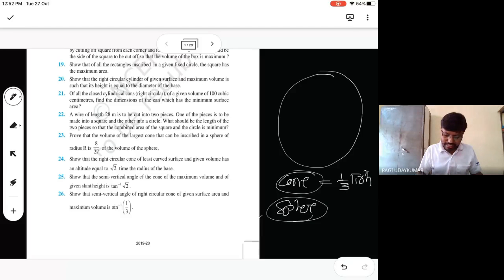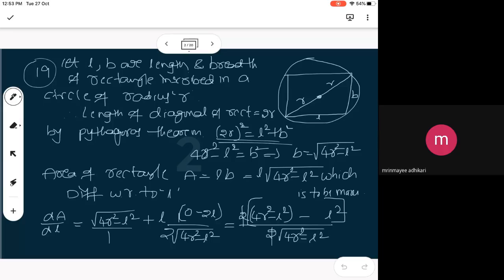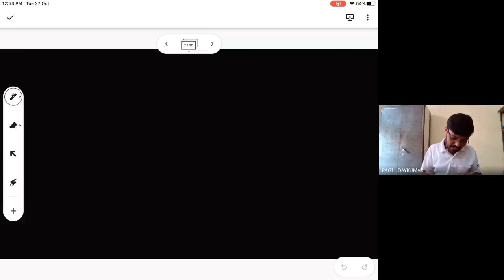The cone is inscribed in a sphere. What is the sphere's radius? R. So sphere radius is r. I am going to explain the question. Did you understand? Yes, sir. The question number is 23.